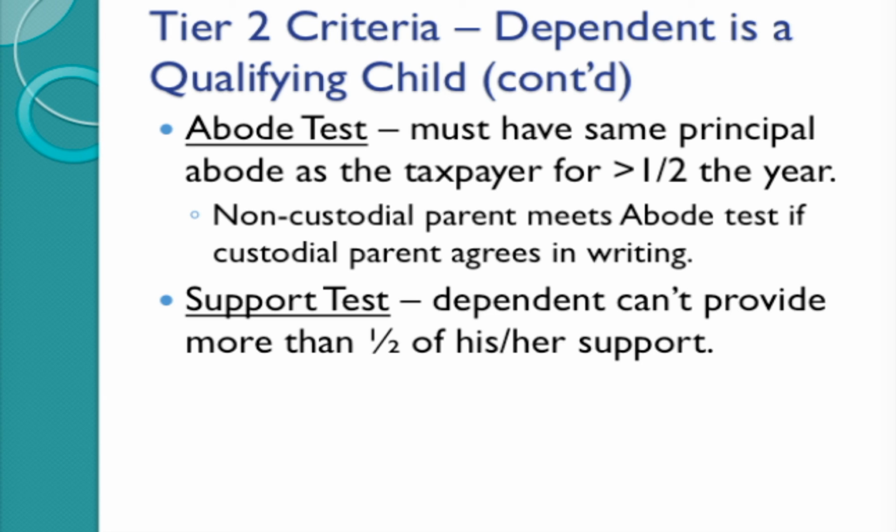Because obviously, and you all know this as well as anyone, even if your parents are supporting you while you're in college, that doesn't mean that you couldn't go out and support yourself and provide more than half of your own support or all of it. And just because you could do that theoretically doesn't mean you are, okay? So the real criteria here is that the dependent is in fact not providing more than half of his or her support, and not that they are not able to.